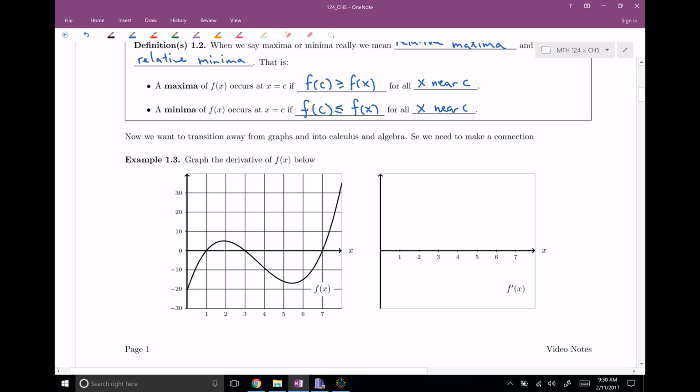So if I was to draw the derivative, we have a technique for drawing derivatives. We first figure out where the derivative is equal to 0. So I would say here around 1.9 and here around 5.5. And then we would say, maybe in this first part right here, is the derivative positive or negative? And we can see that the derivative is going to be positive, right?